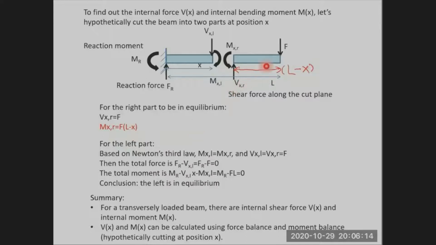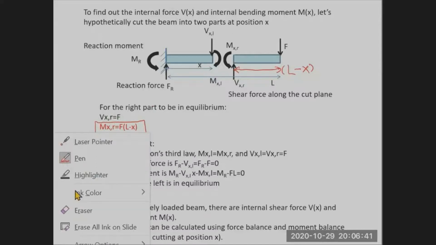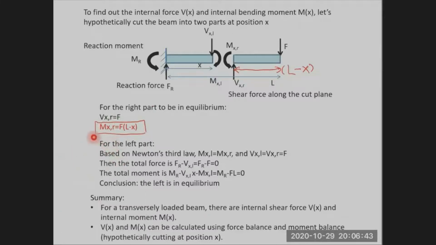So both force and moment should be balanced. And this is a very important result. First, the internal shear force is constant. It's independent of x, it's not a function of x. What happened to the internal bending moment M? It's a function of x.